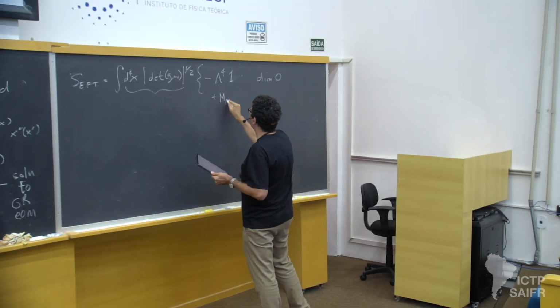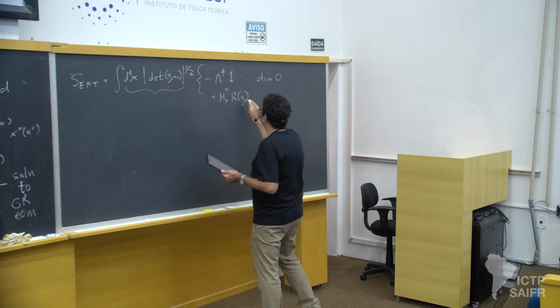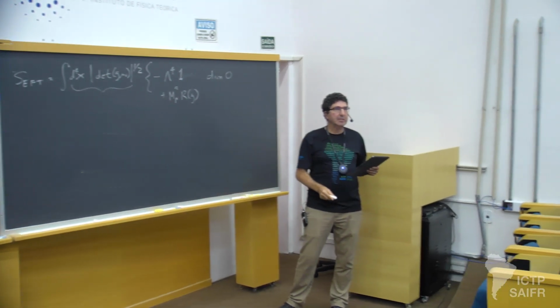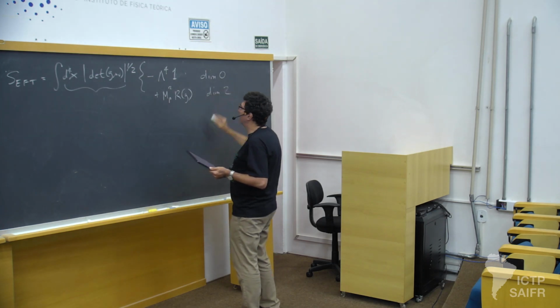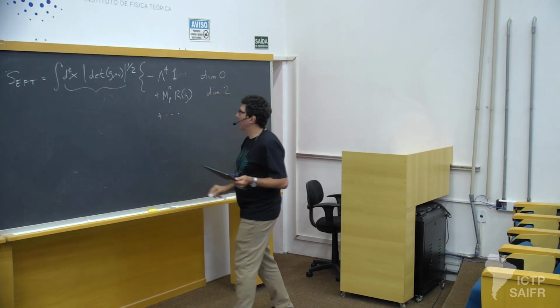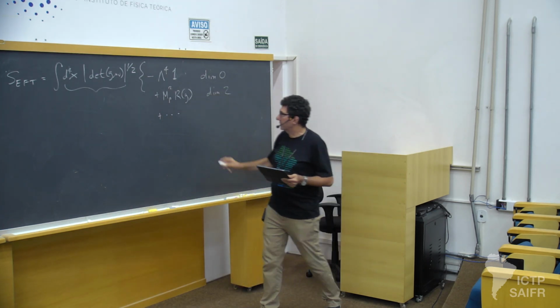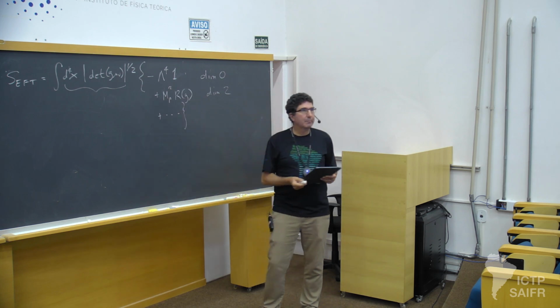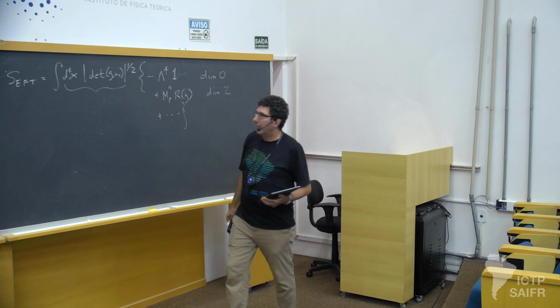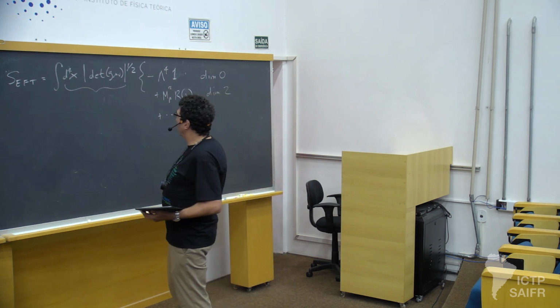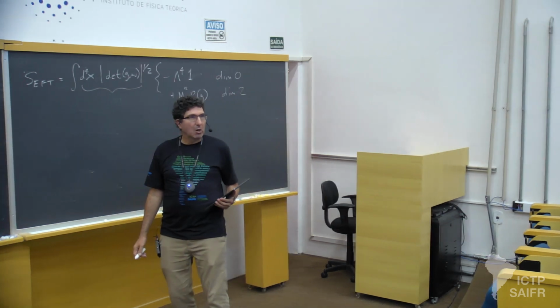Then I can have M Planck squared, and the next thing that I can write is the Ricci scalar, which you can say is dimension 2. And so on. I can start writing higher things. Now, this is the infamous cosmological constant term, and what we know about it is that it's insanely small.